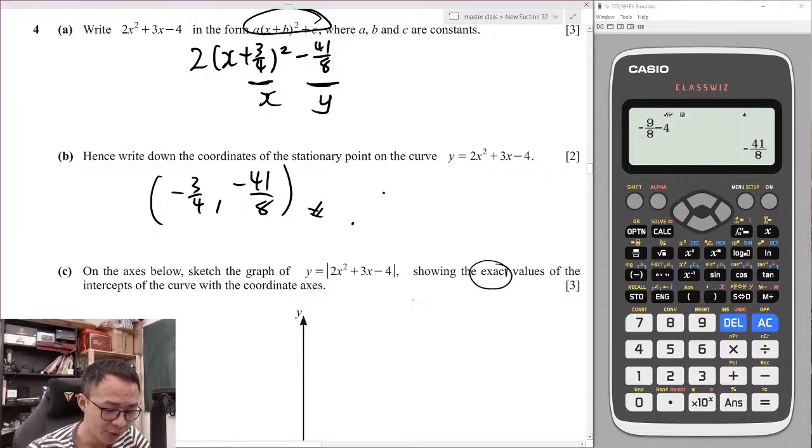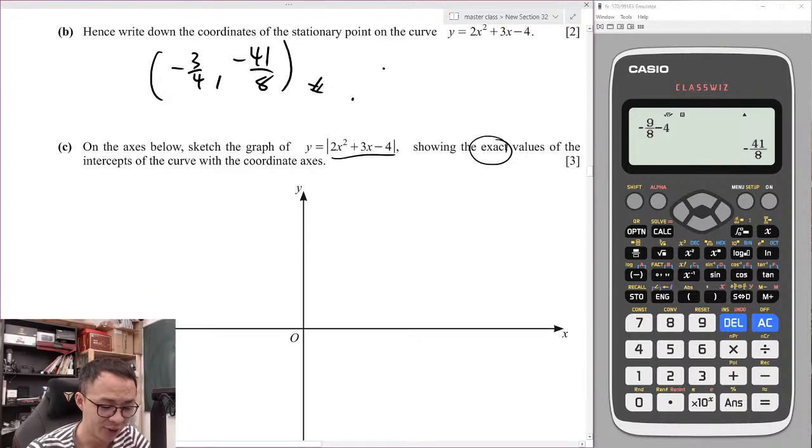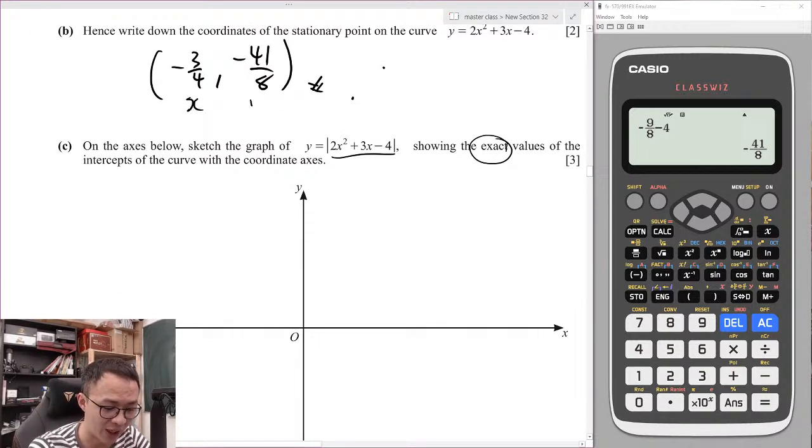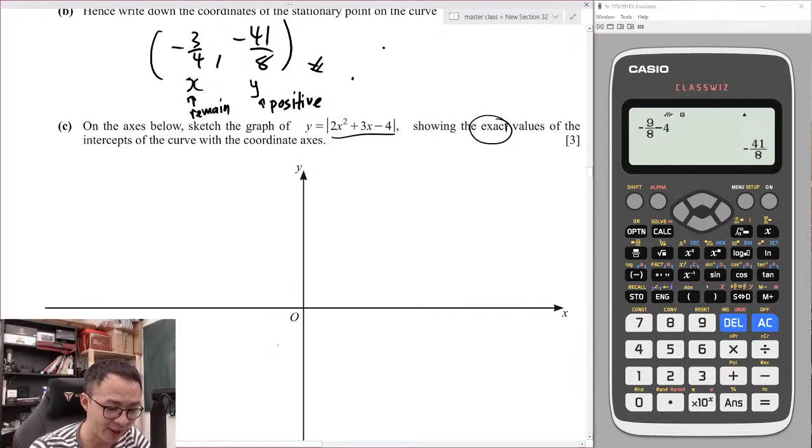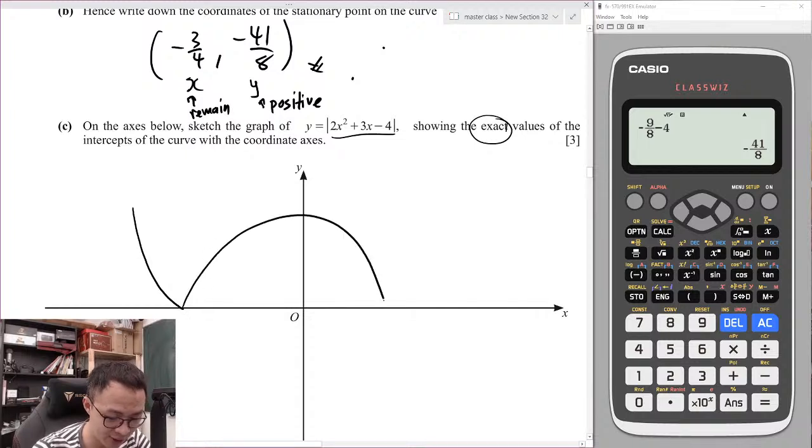Okay, so what we want to do here is, because this is exactly the same equation here, but then he adds a modulus here. So from here, this is my x and y. Because of the modulus, I know my y will be positive. My x will remain. So what I mean by this is, if I draw this one like this, I will just draw something like this, I guess.